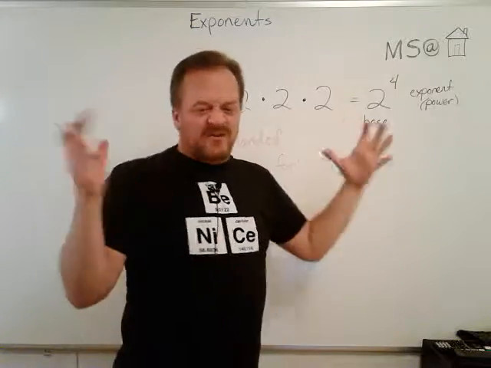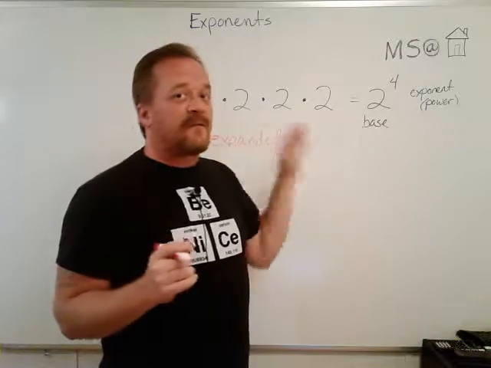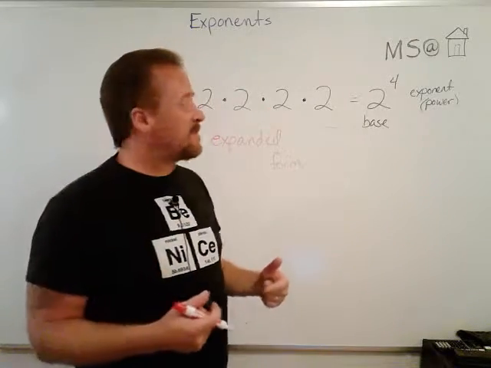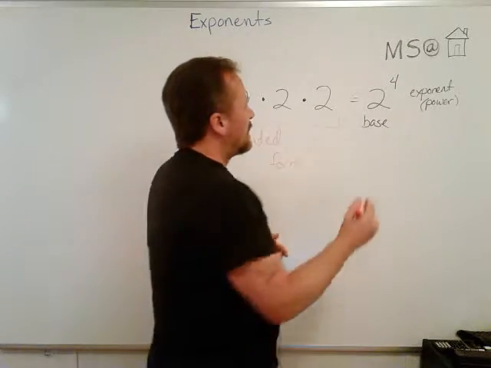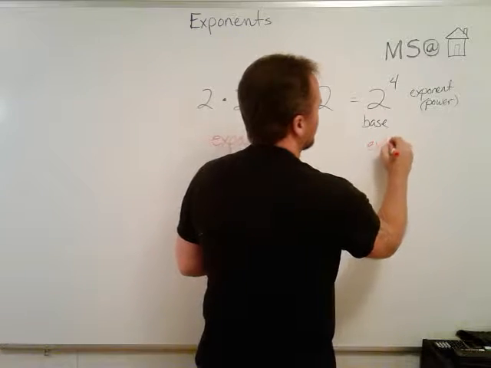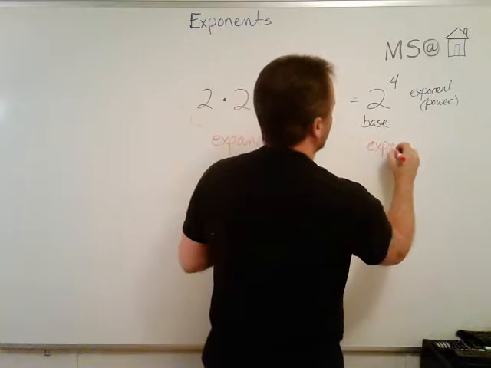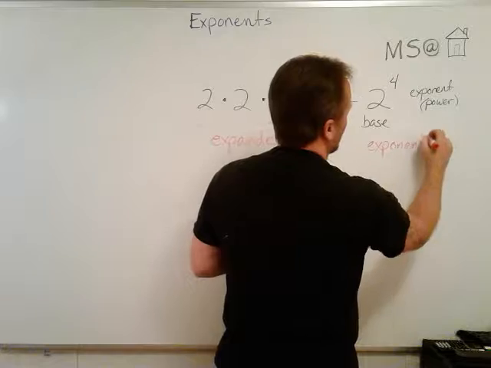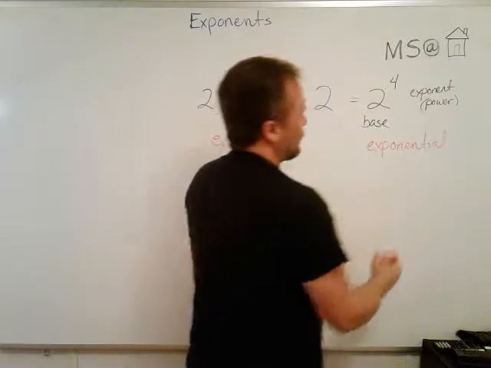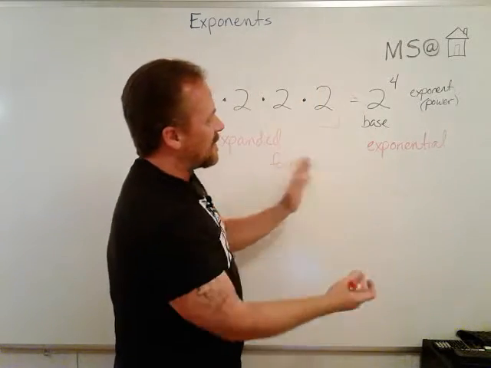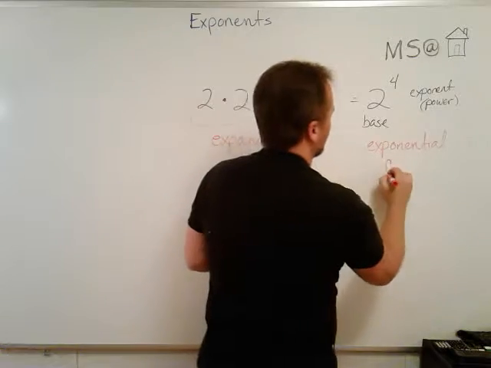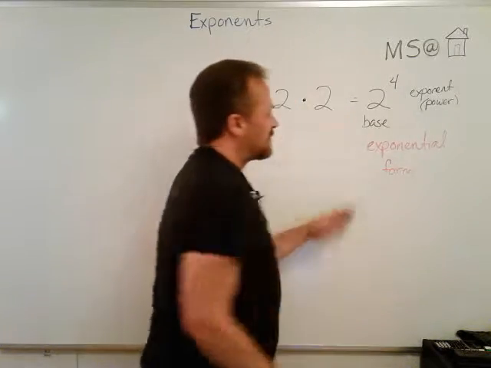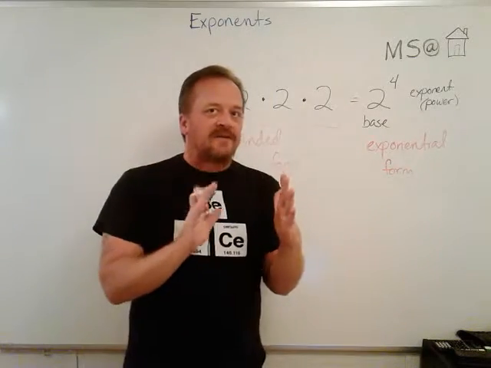This little guy, all squished together and showing how many times 2 is represented in that multiplication problem, is called exponential form. It's basically that word with an IAL at the end, exponential form. Which means that we've squeezed it all together into an exponent.